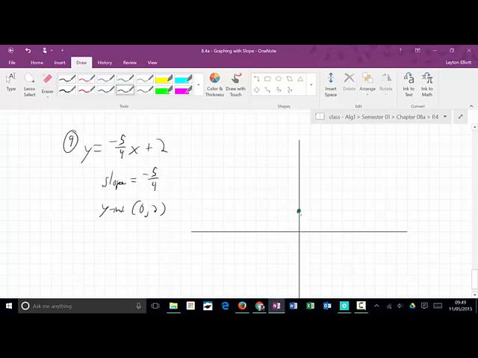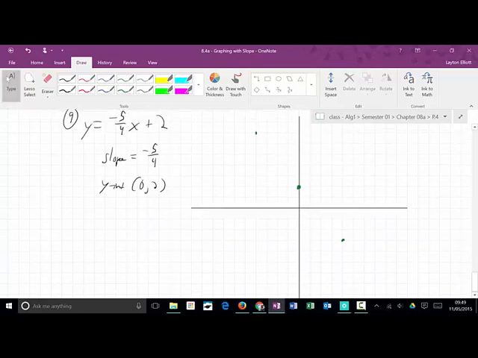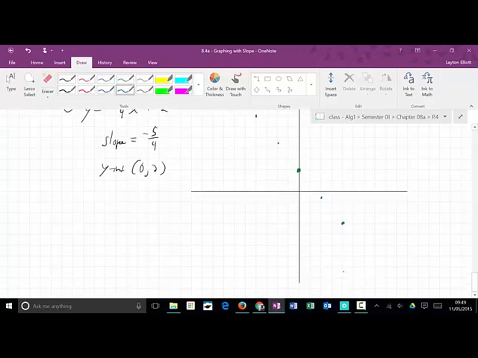Slope of negative 5/4 means down 5, right 4, or up 5, left 4. You can even, instead of going down 5, right 4, go down 2.5, right 2. That's half of what we just did, and that puts 2 more points down, which makes this a lot easier to draw, especially making sure that your straight edges connect all the possible points that this goes through.